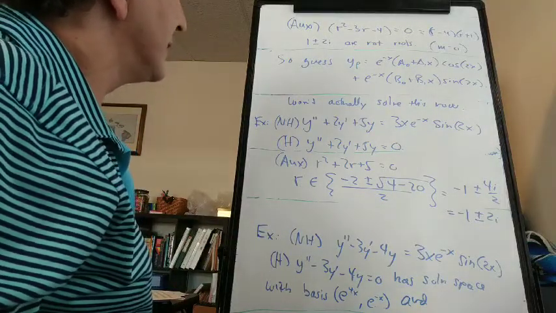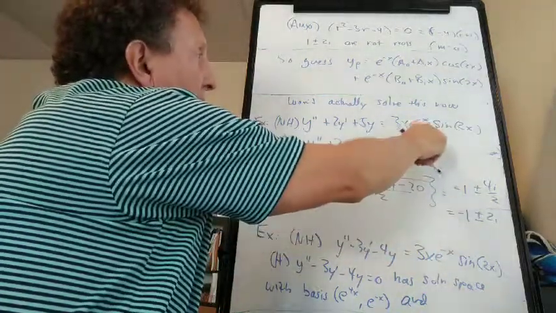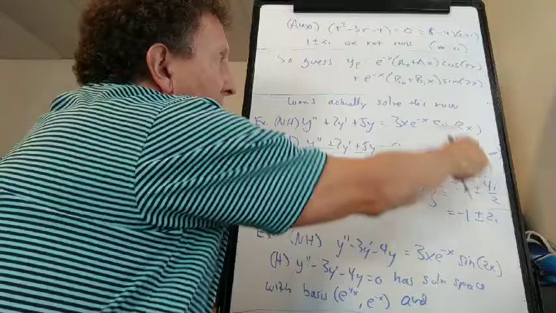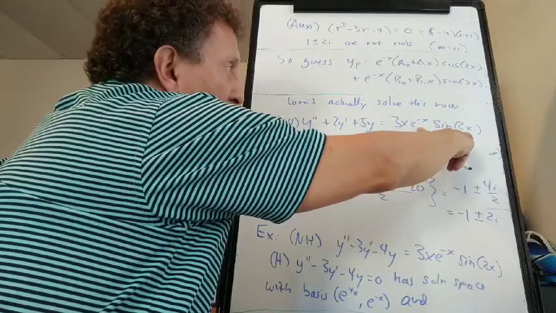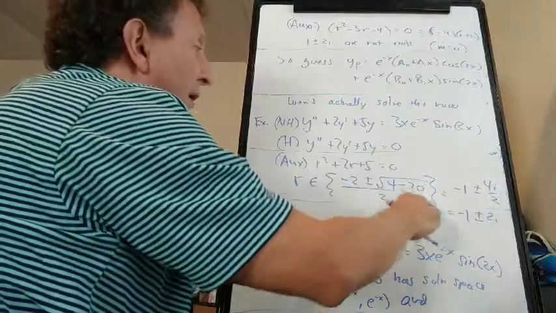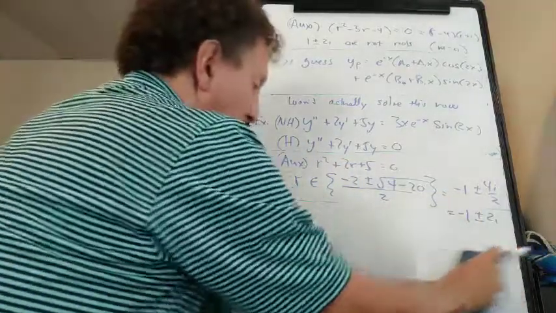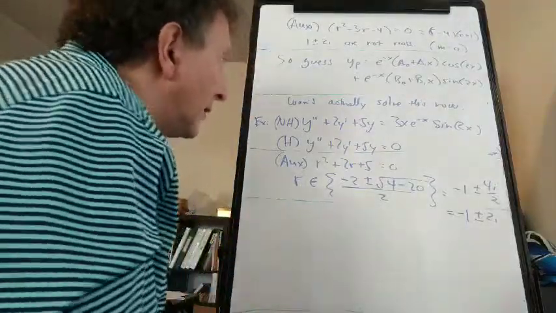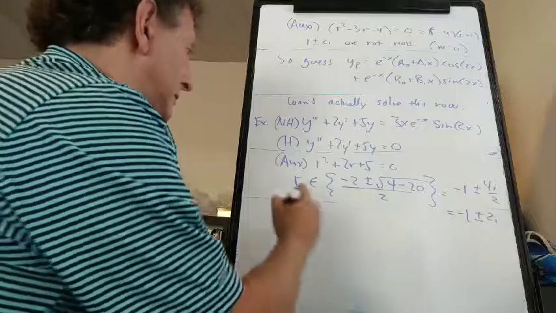Now on our right-hand side, the real part is in the exponent, negative 1, and the imaginary part is in the trig function, 2. So we do have a negative 1 plus or minus 2i here, corresponding to a root of the auxiliary equation. Each of these comes up with multiplicity 1.